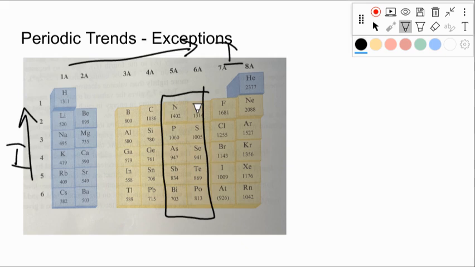And so AP is going to expect you to be able to explain why there is a slight change to that increase up between this group and this group. Most of the time, the question is going to be between phosphorus and sulfur, but it could be any of these. So let's look at the next slide and talk about it.